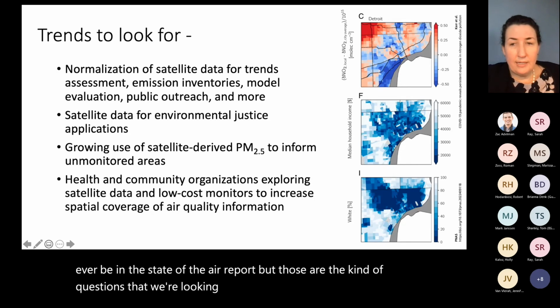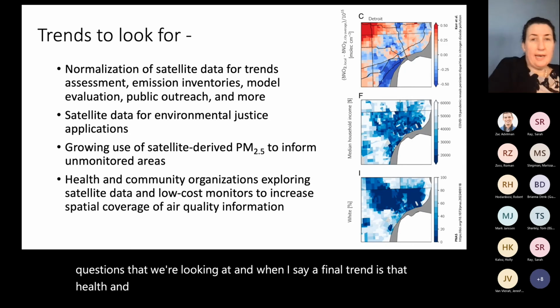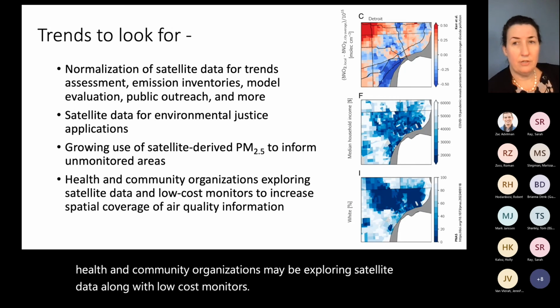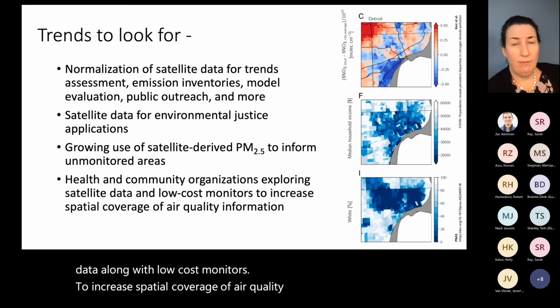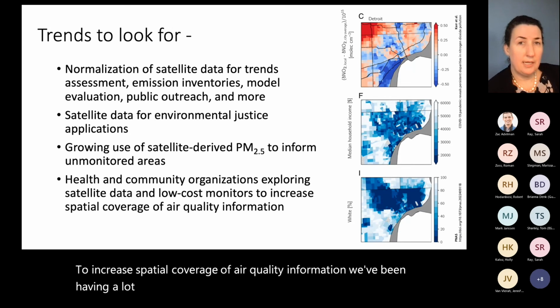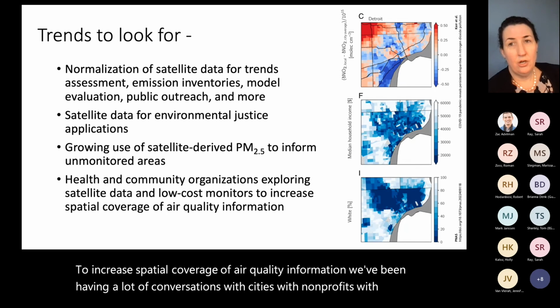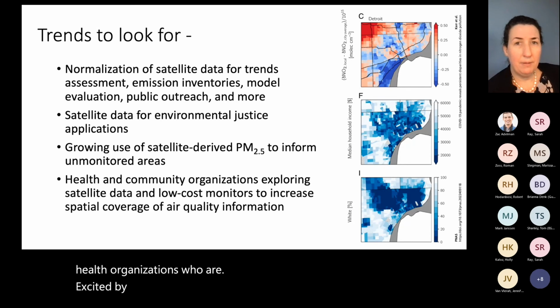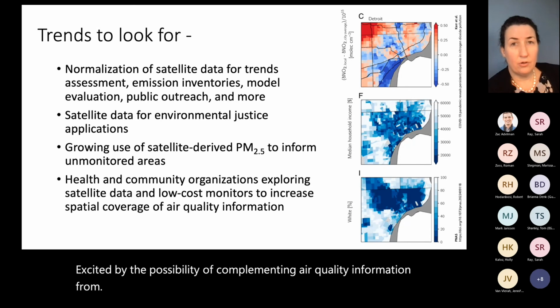And I'd say a final trend is that health and community organizations may be exploring satellite data along with low-cost monitors to increase spatial coverage of air quality information. We've been having a lot of conversations with cities, nonprofits, and health organizations who are excited by the possibility of complementing air quality information from regulatory monitors.